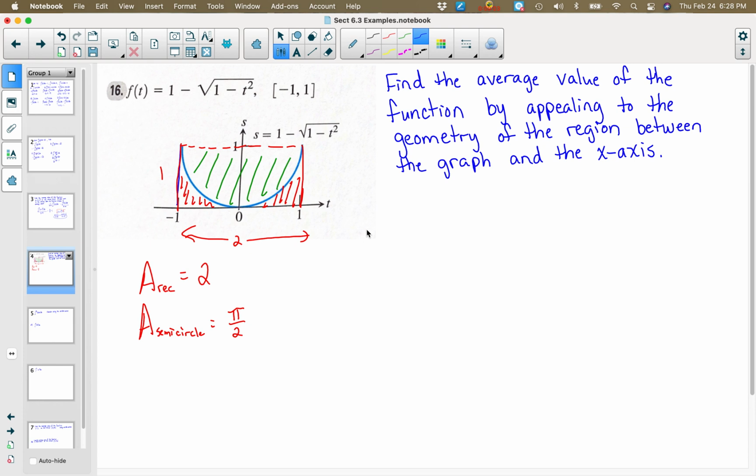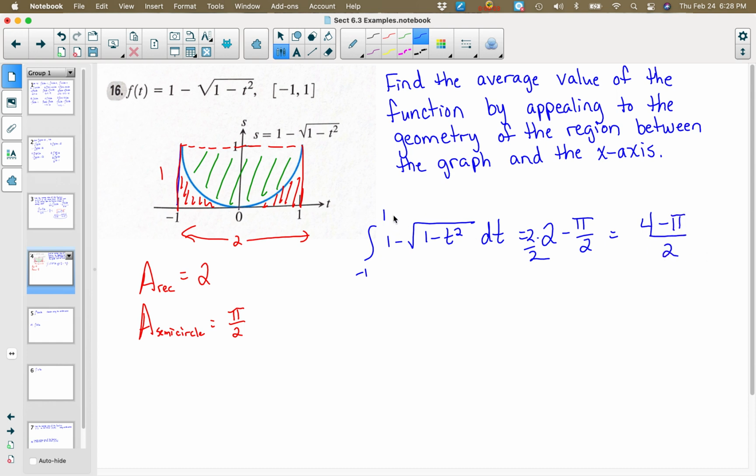So that means that the actual integral, since this whole thing is above the x-axis, from -1 to 1 of 1 minus the square root of 1 minus t squared dt is going to be equal to the area of the rectangle, which was 2, minus the area of the semicircle. And if you found a common denominator, we would get 4 minus pi over 2.